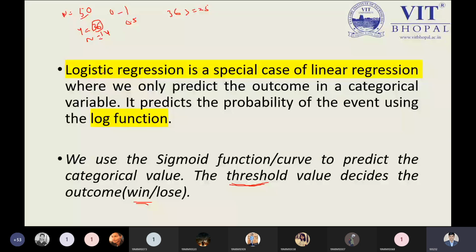It is written over here that logistic regression is a special case of linear regression, and in linear regression we need to predict something. Please listen carefully. In linear regression, we predict something based on the independent variable, for the dependent variable.